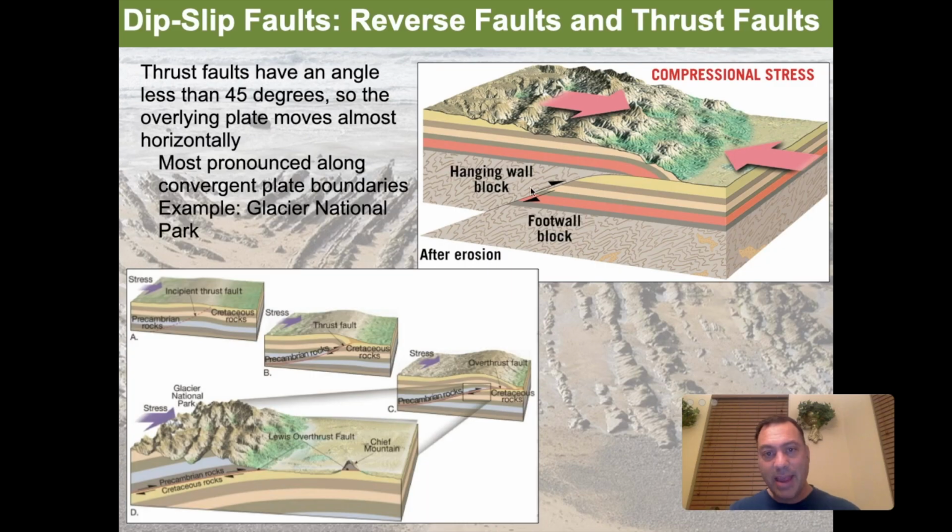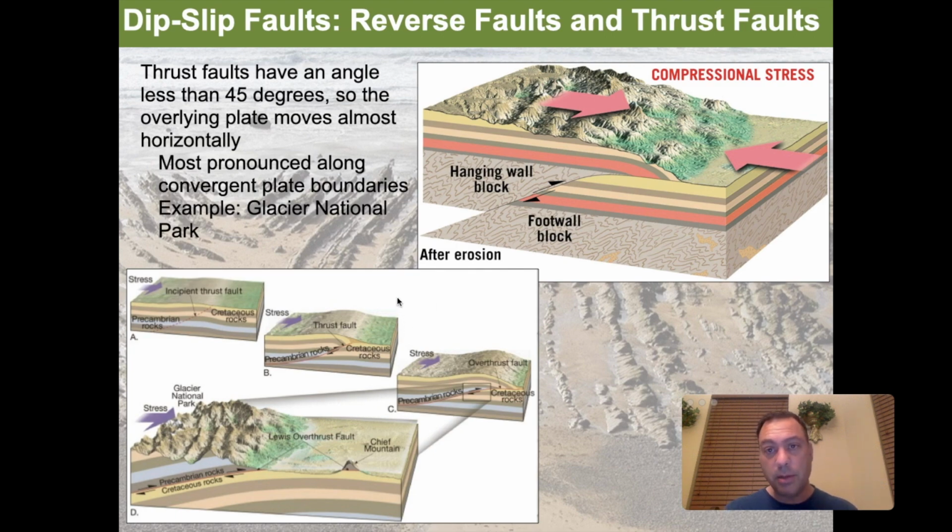So this angle that we see here between the hanging wall block and the footwall block is shallow. It's pretty flat. And the consequence of this is that you can push things like a bulldozer a really long distance. Rather than just try to ramp it up into the sky, you can push it along the land surface. And so these thrust faults can move a tremendous amount of material very long distances.